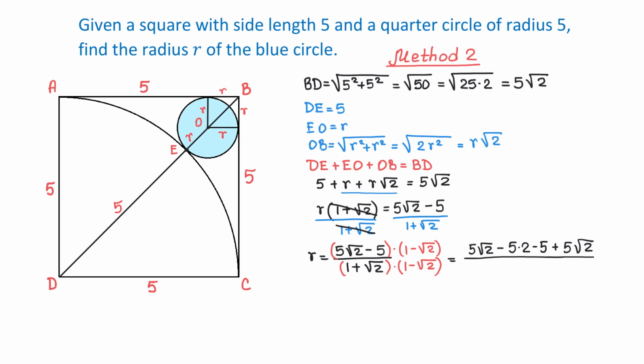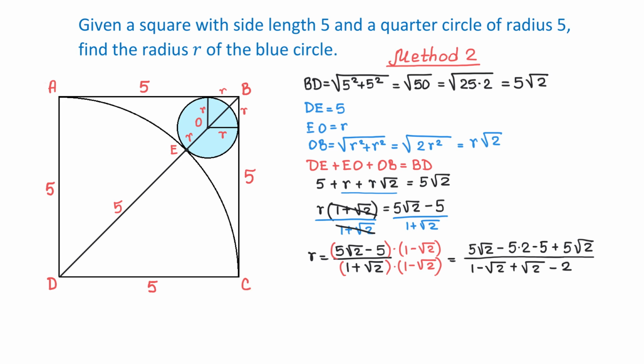If we do the same in the denominator, then 1 times 1 is 1. 1 times negative square root of 2 is negative square root of 2. Then square root of 2 times 1 is plus square root of 2. And square root of 2 times negative square root of 2 is negative 2.